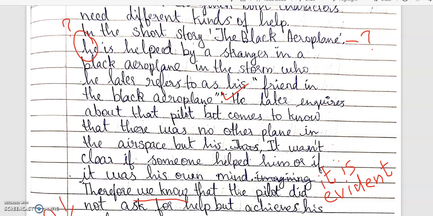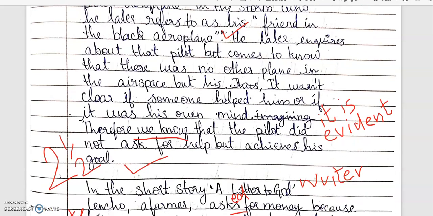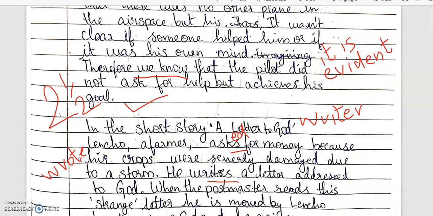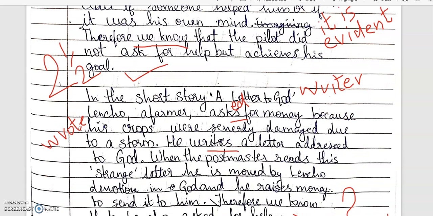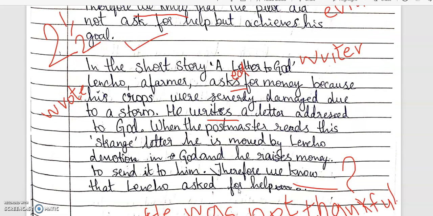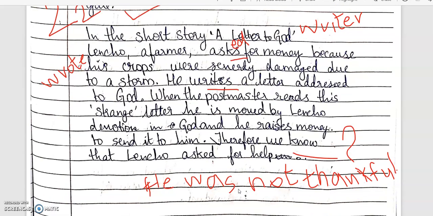The use of language for comparison, like it is evident, it is cited, it can be cited. Analytic language should be used. Writer's name is missed out. Follow one particular style of writing the answer.